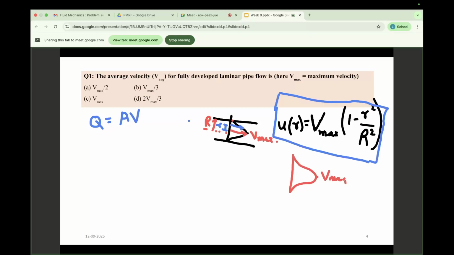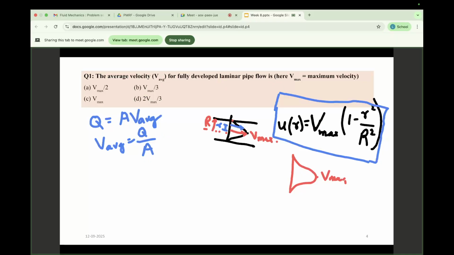That means if it's a pipe, to find the volume flow rate, you need to know the area, that is A, and V, the velocity. Which velocity will you take? You will have to take the average velocity, right? So I can write V average is Q by A. The area we know because we have assumed the radius as R, so we can easily find this area.